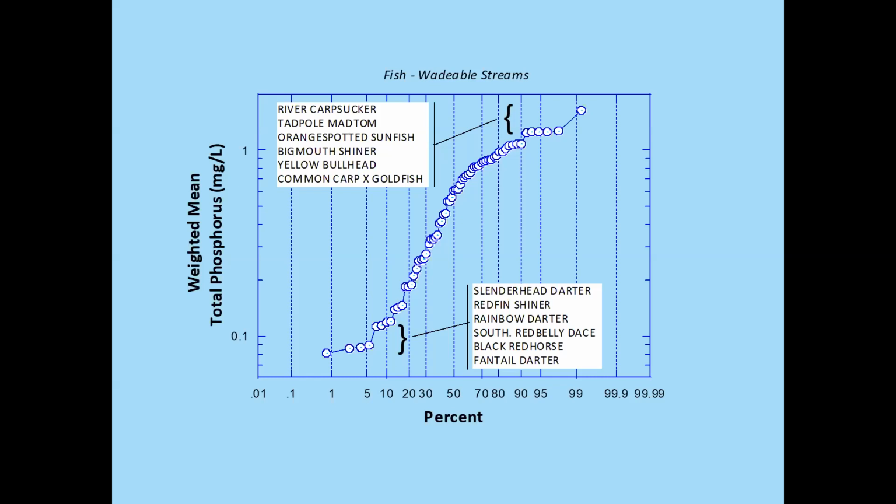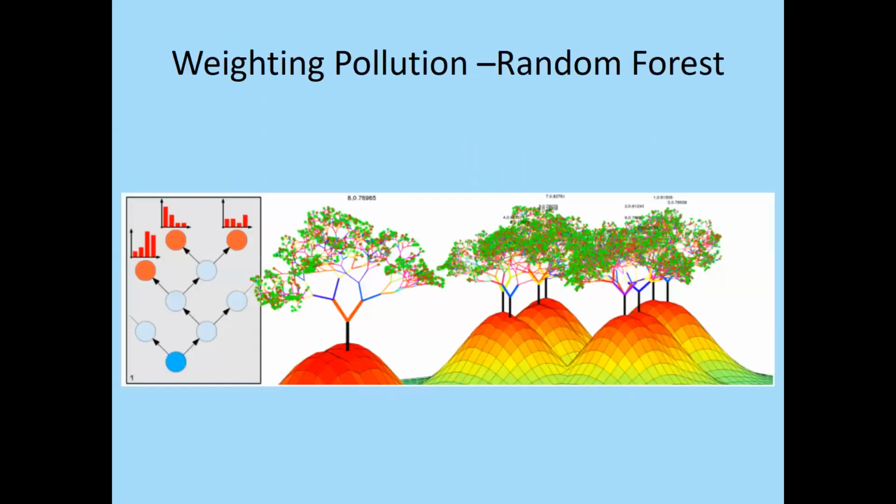The ones at the bottom left-hand side are the ones that have been shown most sensitive, and the ones at the top, from the river carpsucker through to common carp and goldfish, are the ones showing to be the least sensitive to changes in phosphorus. No surprise there that those guys are in that category. These plots were produced for every stressor we looked at.